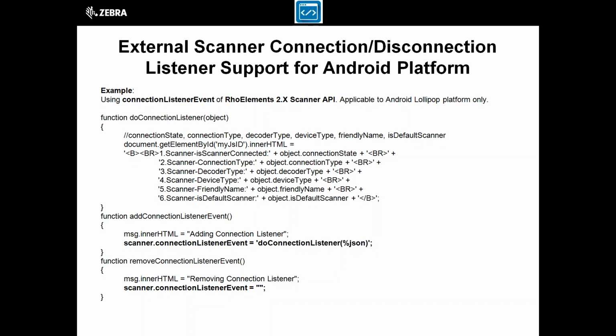Similarly, it will give information when the RS6000 is disconnected or connected, and similarly for the RS507. So this is an example for RE2.x scanner API.